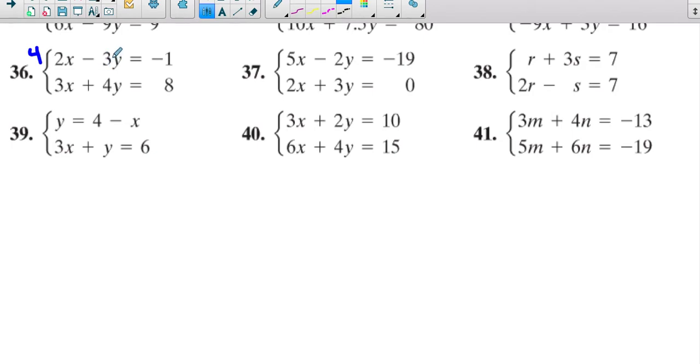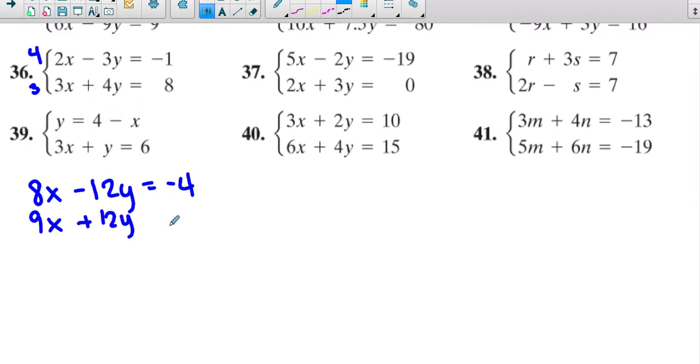And I'm going to take the second equation and multiply it by the coefficient of the first y, which in this case is 3. So 4 times 2x is 8x, 4 times negative 3y is negative 12y, and 4 times negative 1 is negative 4. 3 times 3x is 9x, 3 times 4y is 12y, and 3 times 8 is 24.